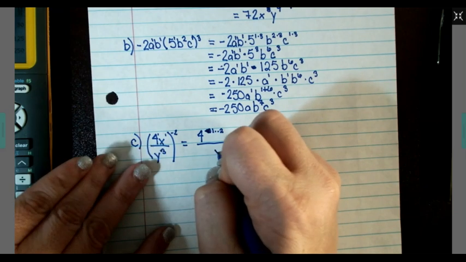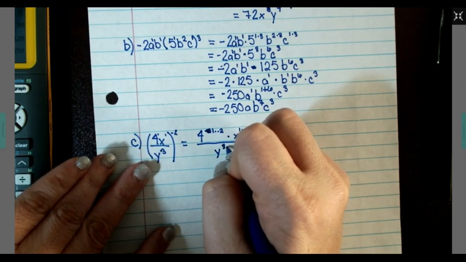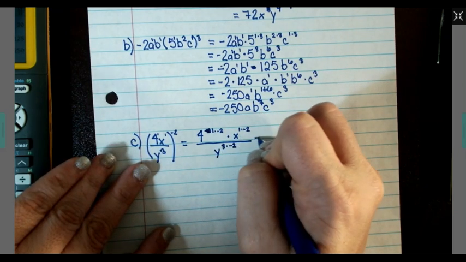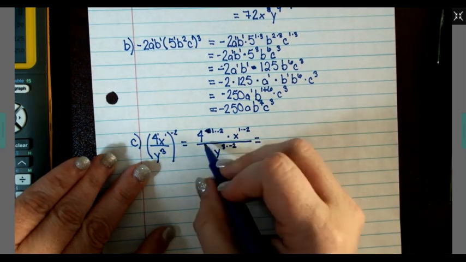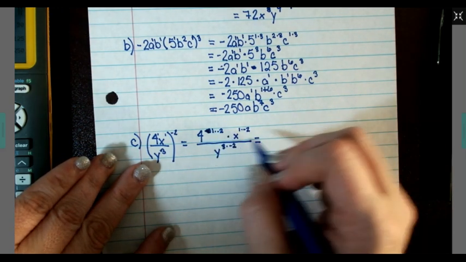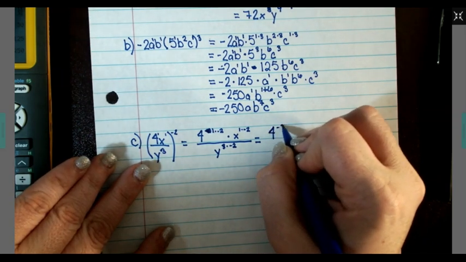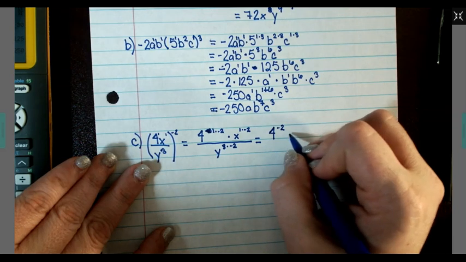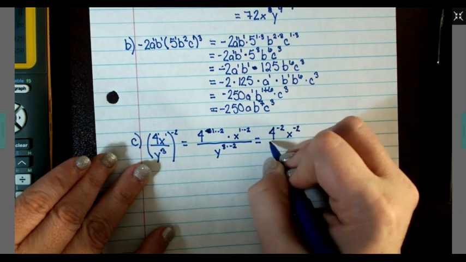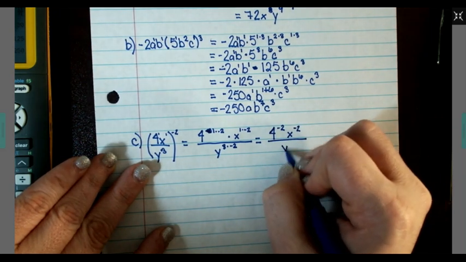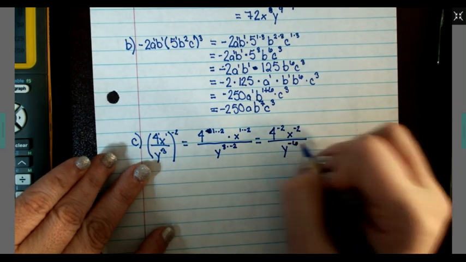And in the bottom, I got y 3 times negative 2. Well, what is 1 times negative 2? Negative 2, right? So I got 4 to the negative 2 power, x to the negative 2 power, and y to the negative 6 power.